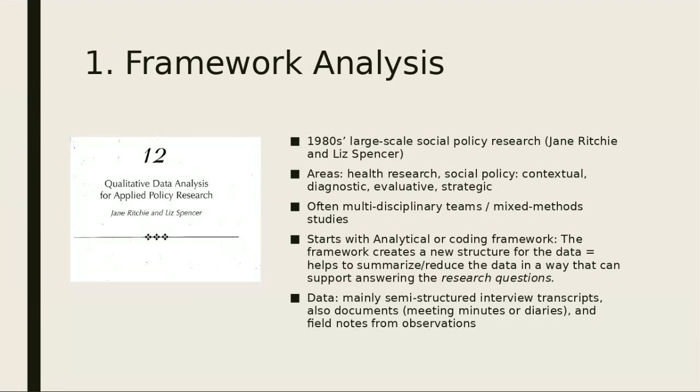It's just paying attention to the context where these different approaches emerge in qualitative data analysis. So the first one, you have there a picture of the seminal paper, Qualitative Data Analysis for Applied Policy Research by Jane Ritchie and Liz Spencer.